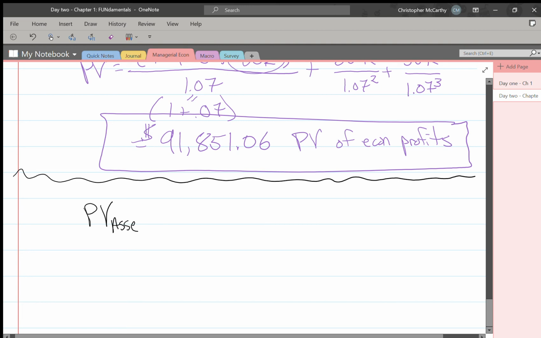So it's going to be my cash flow that I get at year 0. We're going to abbreviate this as CF from now on.